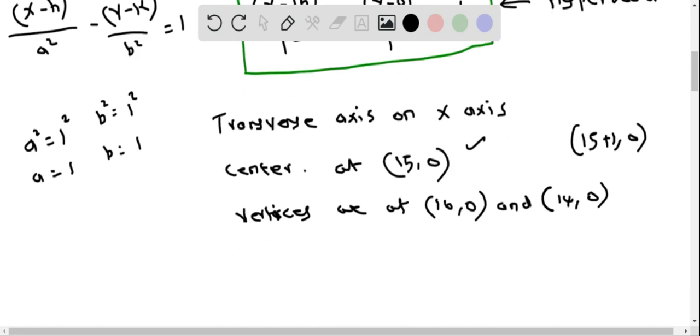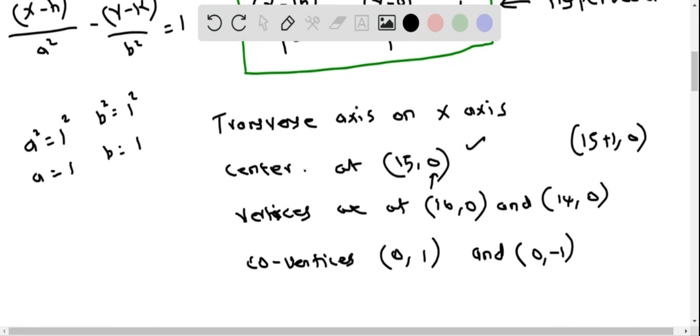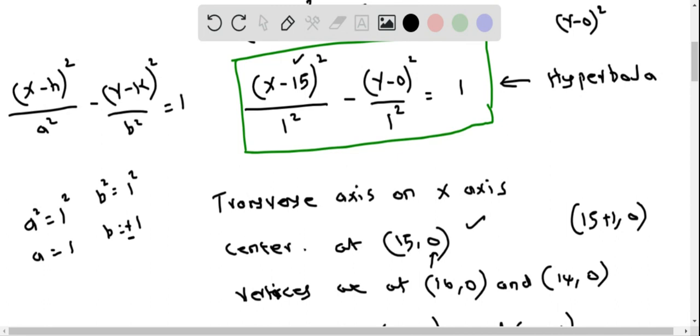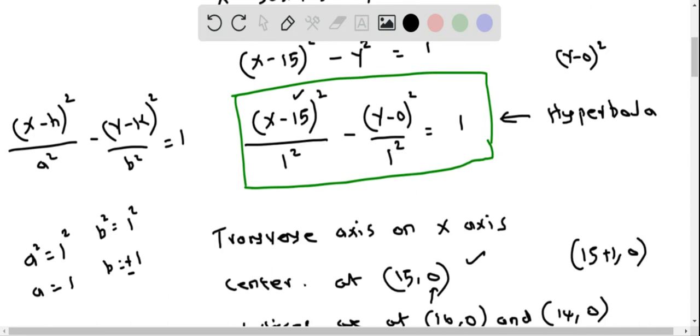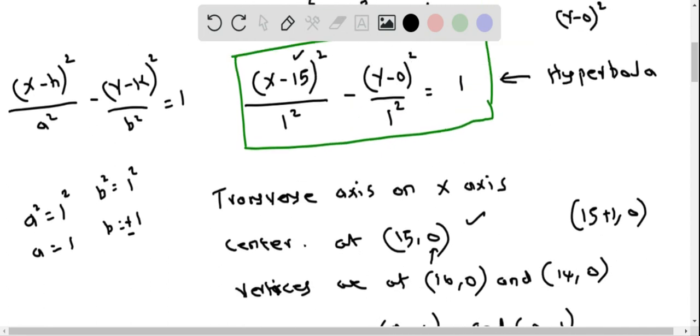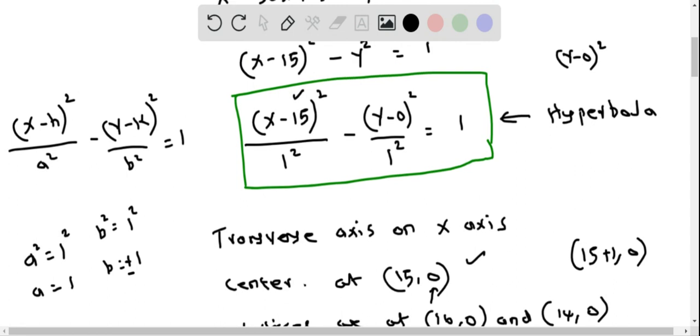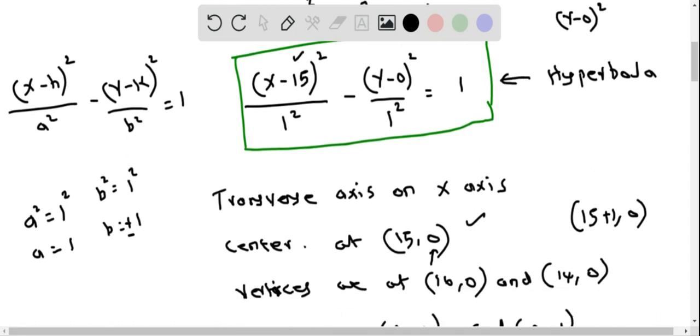And then the co-vertices are 0 comma b, so we put 15 comma 1 and 15 comma negative 1, because if b squared equals 1, then b equals plus or minus 1. And so we have classified this as the hyperbola with this information. So this is the standard equation of the hyperbola.